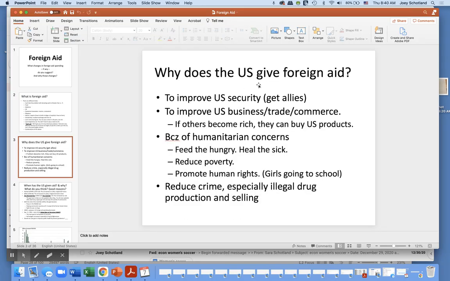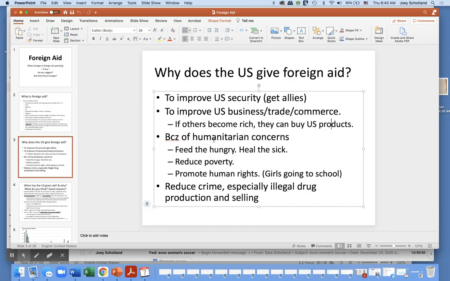Why does the United States give foreign aid? Well, first of all, to improve US security and to get allies and friends, especially these days when you need foreign intelligence and you need to share intelligence. We also do it to improve US business and trade and commerce. If other countries become rich, they can buy more US products from Apple or Nike, whatever.